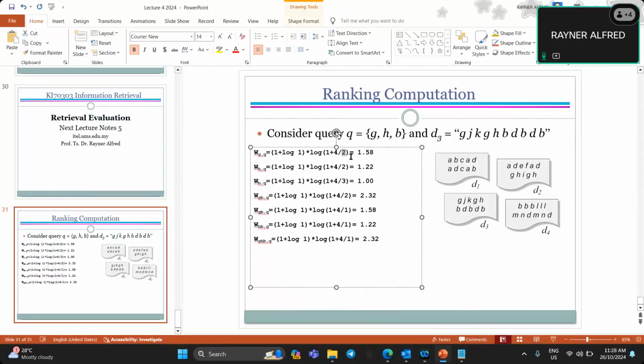Okay, so we need to calculate this one. What is this one?